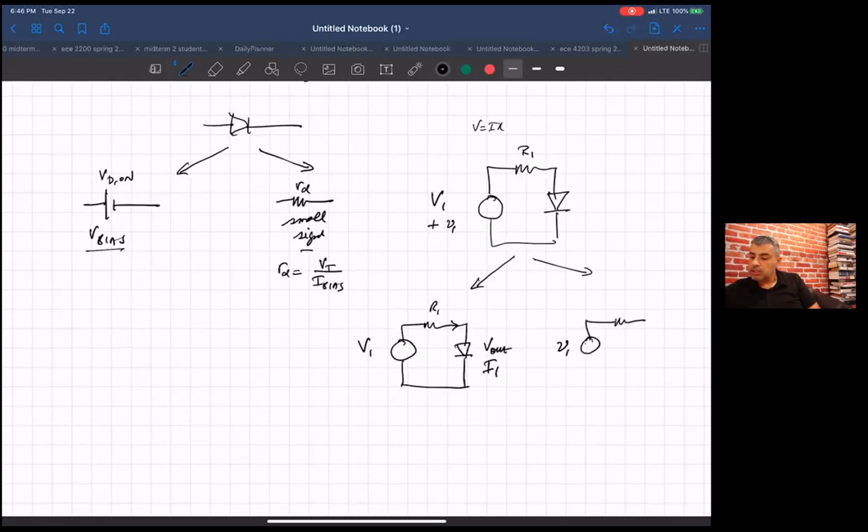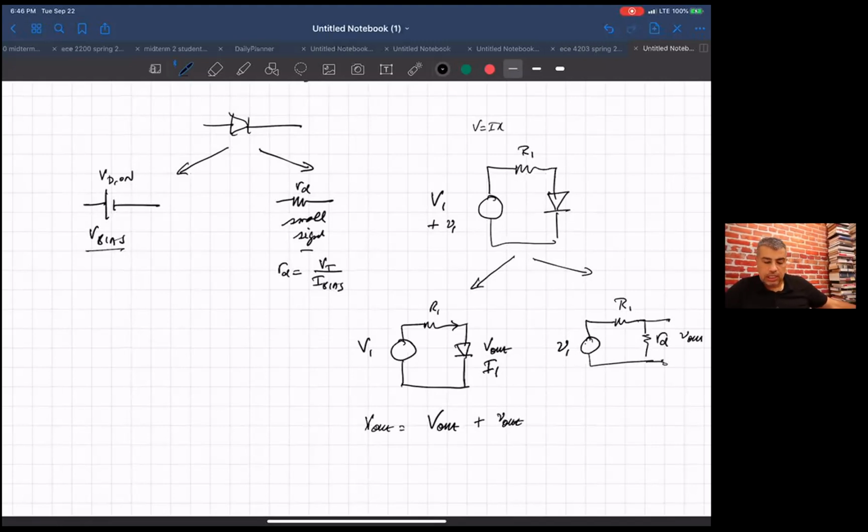Instead of using this diode model, I can just use a resistor model with this small signal resistance and get a small delta V out. Okay, and so V out in total is the large V out plus this small V out. You can basically superimpose those two values.